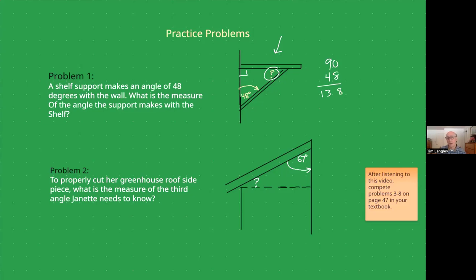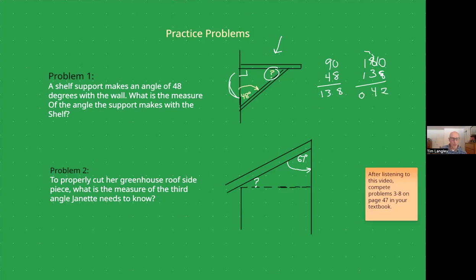And I'm going to take 180 degrees, which is the total, because I've now figured out what these two are right here. I've added them up together. I'm going to take that total and subtract it from 180. Do the math just like that. That should get me to 42 degrees. Okay, so my answer is 42 degrees.